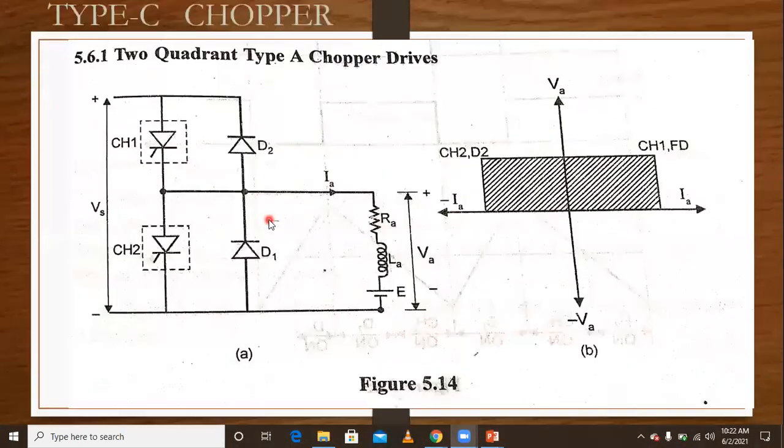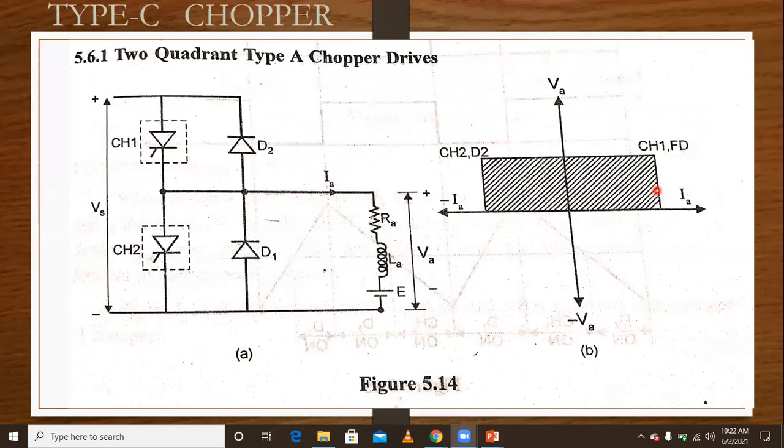After that, the voltage and the current are always positive. So the voltage across this DC machine and the current flowing to the DC machine are positive. So VA and IA are also positive. Understood?